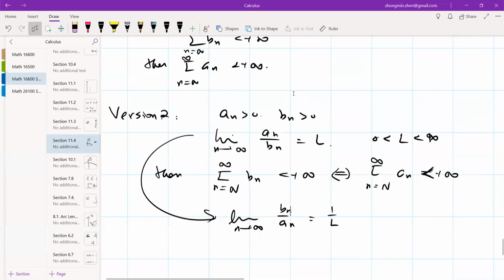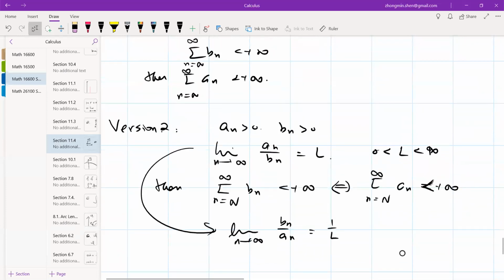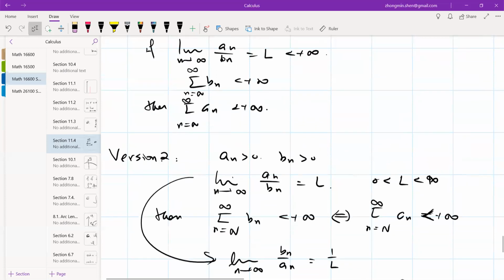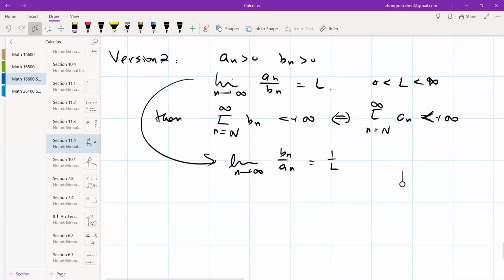So these two are equivalent as long as L is a positive finite number. But sometimes the limit is 0, then you can only show one direction. Right now it's both.